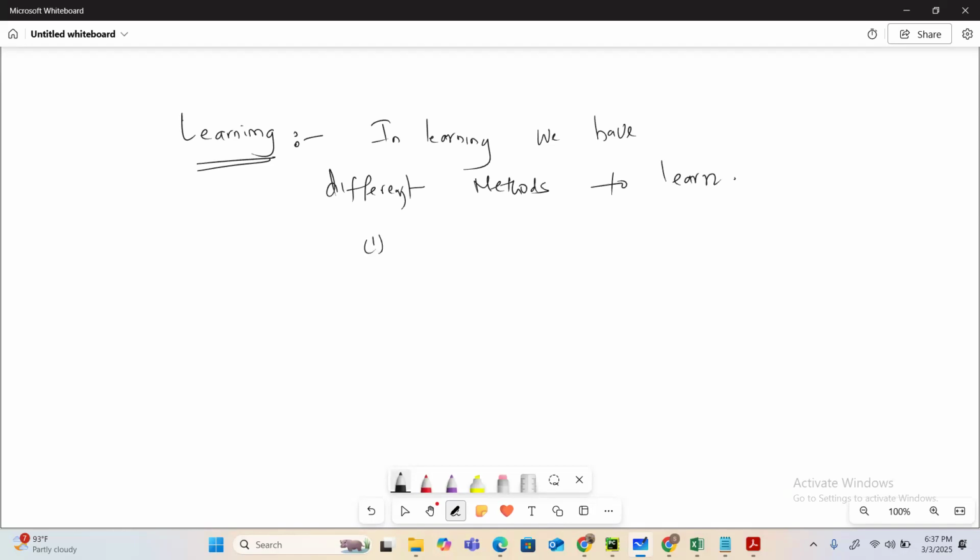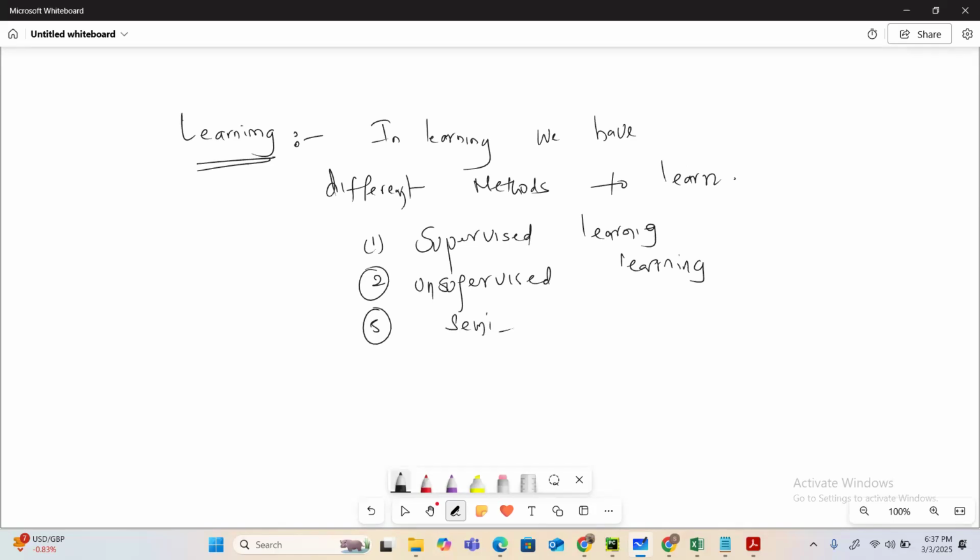One is supervised learning, unsupervised learning, and semi-supervised learning.